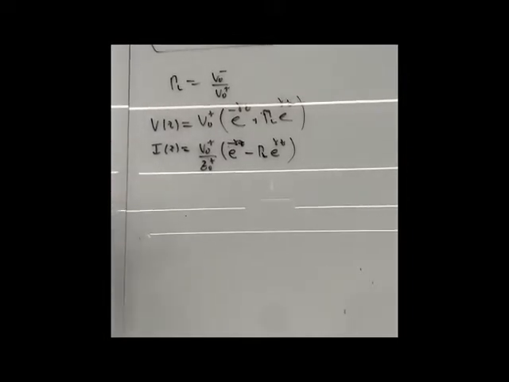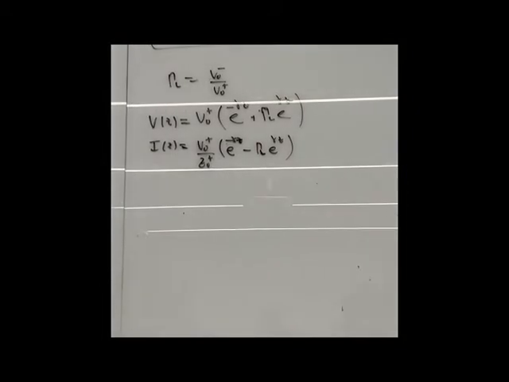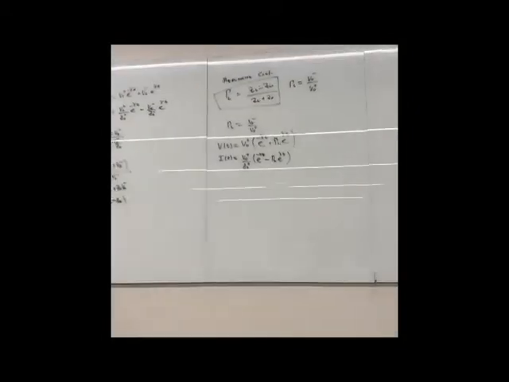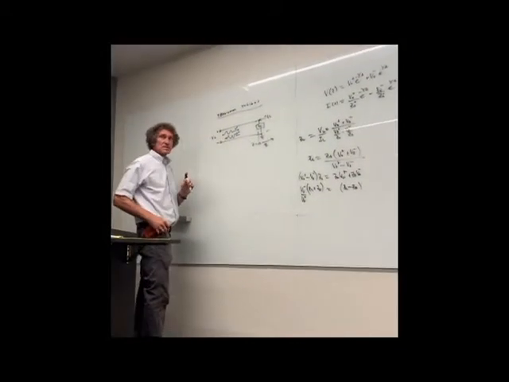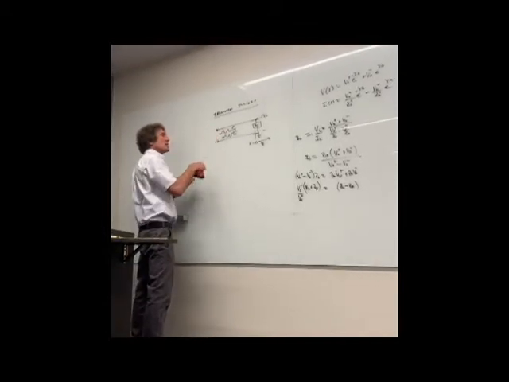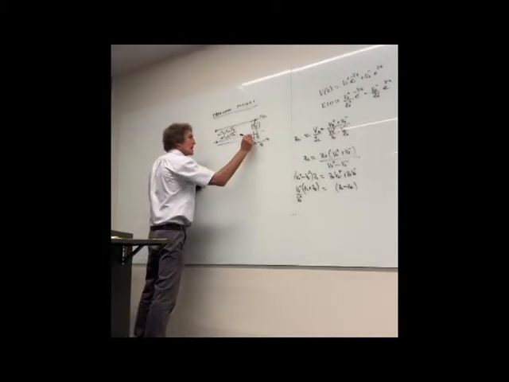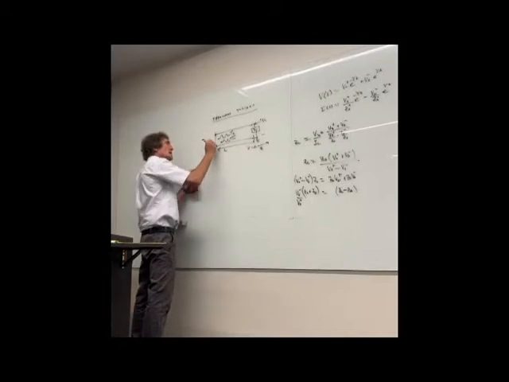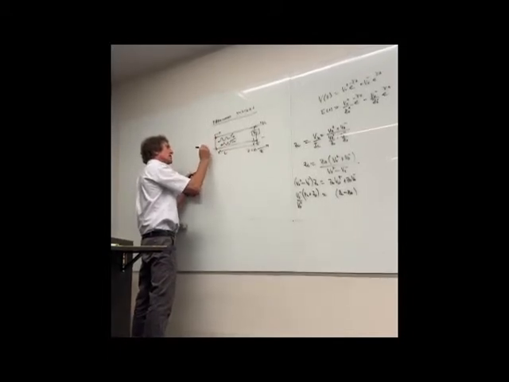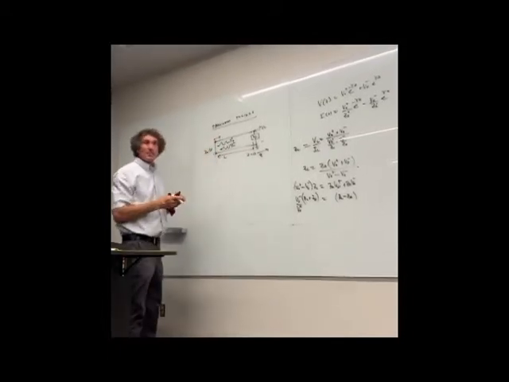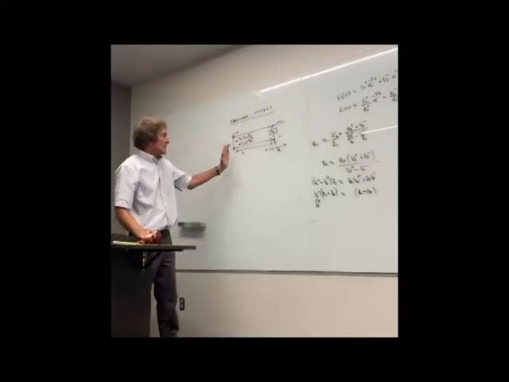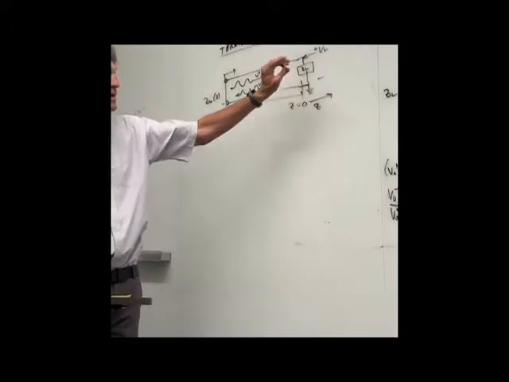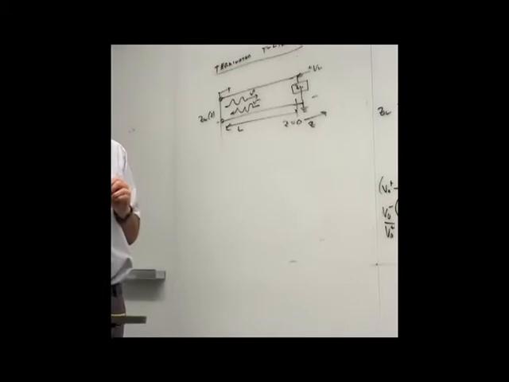Now, the other thing we'd like is this. We have this transmission line. Just listen. I'd like to know, if there's a given length of line, L, what my input impedance would be right there. So it's like I have a length of transmission line, and then I have a load, and I want to know what the input impedance is.